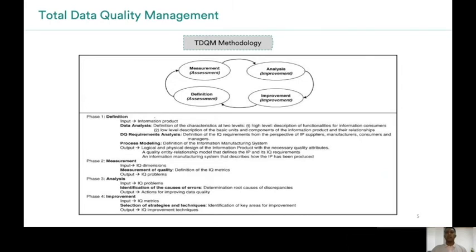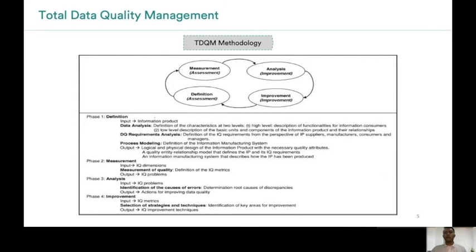Secondly, we have a phase called measurement, where we define the metrics for the information quality and uncover problems in information quality. The third phase is called analysis, where we analyze the information quality problems found in the previous phase and identify the root cause of the errors.